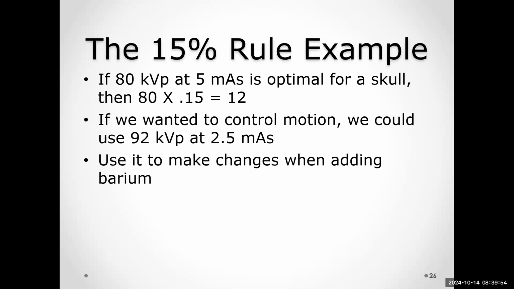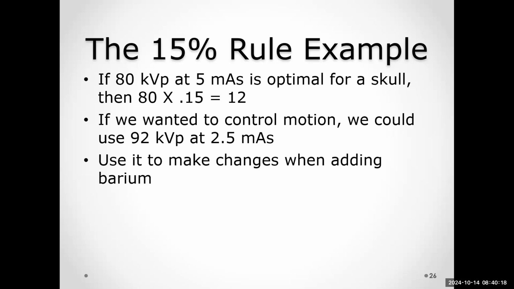All right. So for example, if 80 kVp and 5 mAs is optimal for a lateral skull, and we're actually going to do a lateral skull today in lab, no grid, so we're still at 80 kVp.